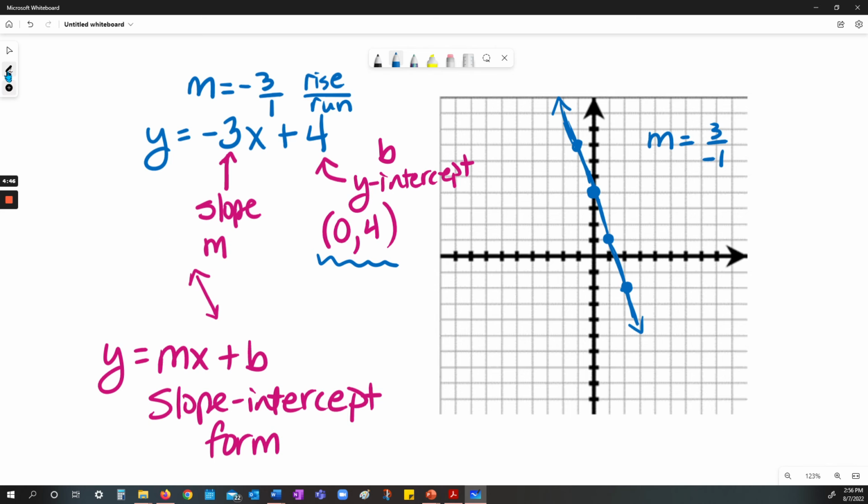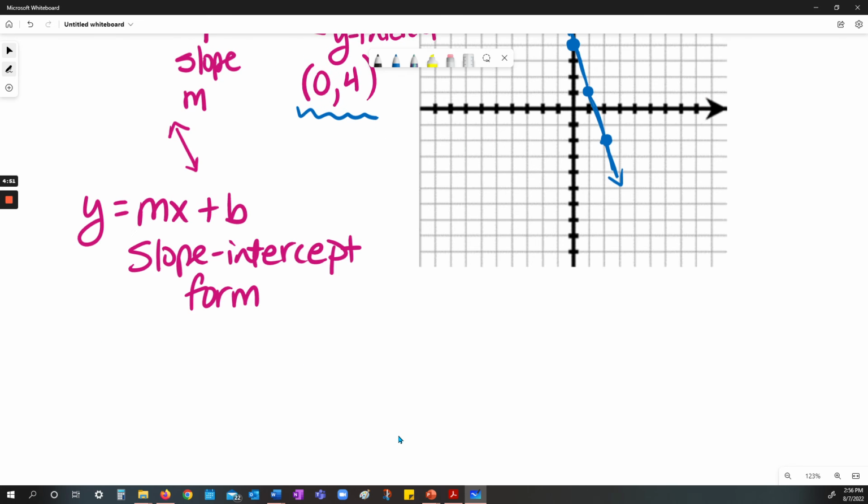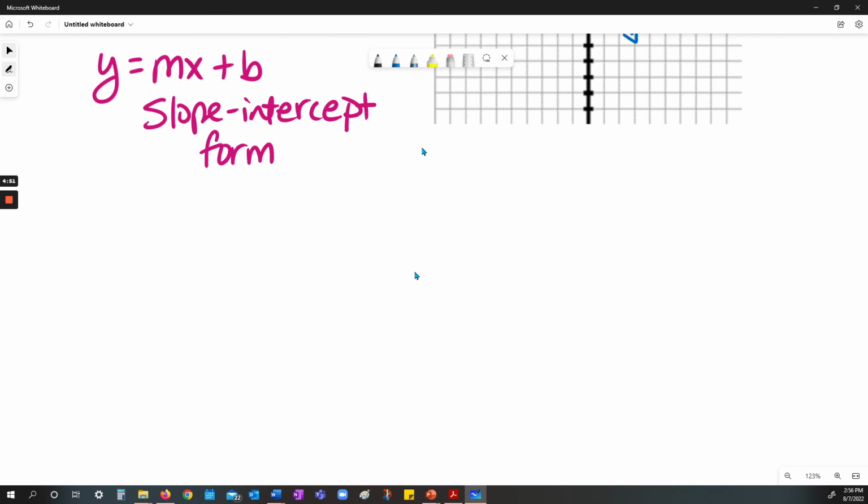So let's do one more example and see if we have something like y equals 2/3 x minus, I don't know, 6.